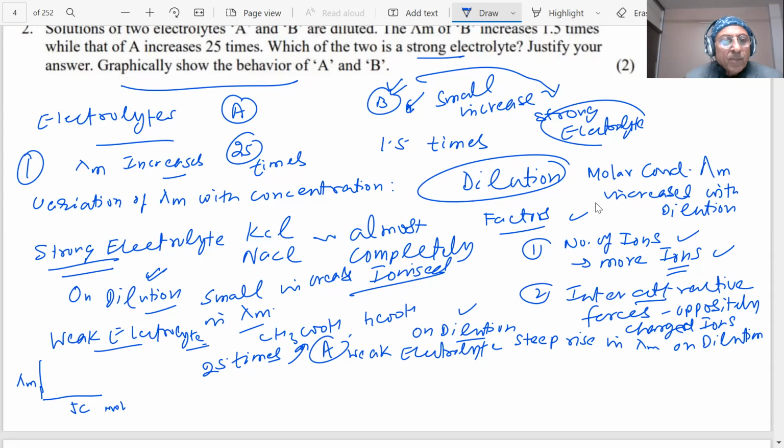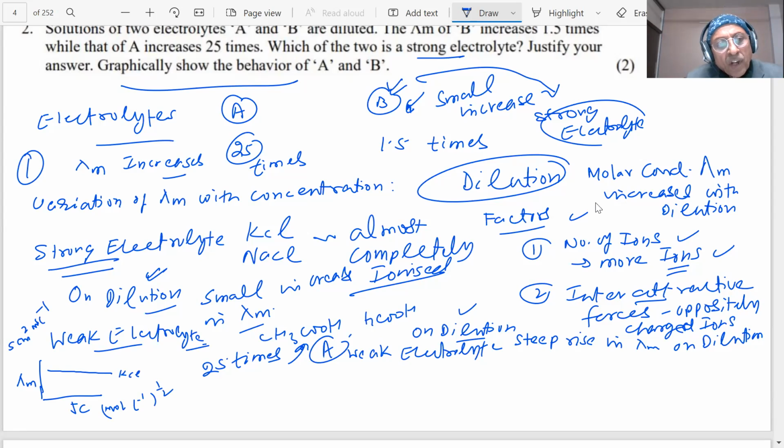This is my moles per liter to the power 1/2, and molar conductivity you already know, Siemens centimeter square mole inverse. So what happens if I take a strong electrolyte? You will get something like this, student, like KCl or NaCl.